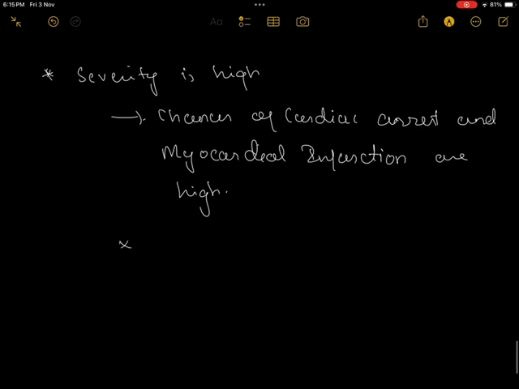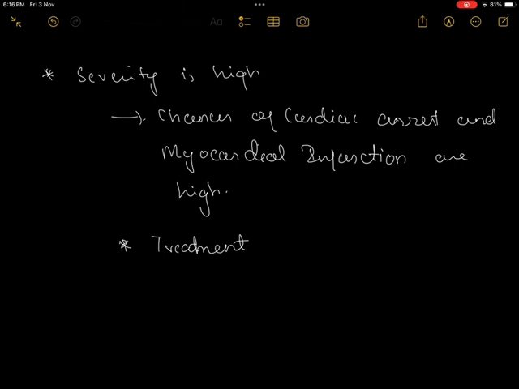So the treatment needed is that we have to insert an artificial pacemaker, which is responsible for conducting impulses, as the AV node will not be able to conduct the impulses. Usually a pacemaker is inserted towards our right ventricle in our chest. The region we call the precordial region. The region in the chest where the heart is present is called the precordial region.